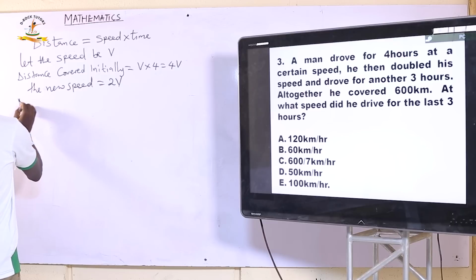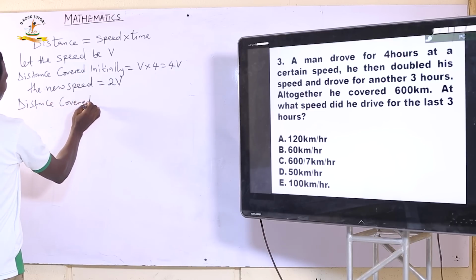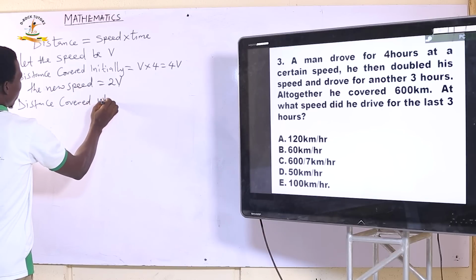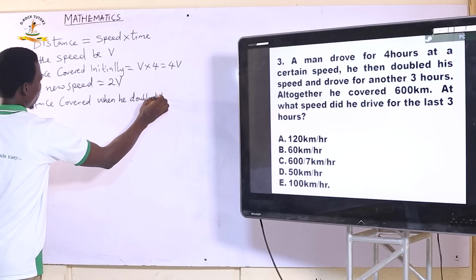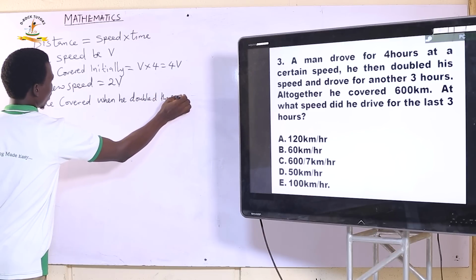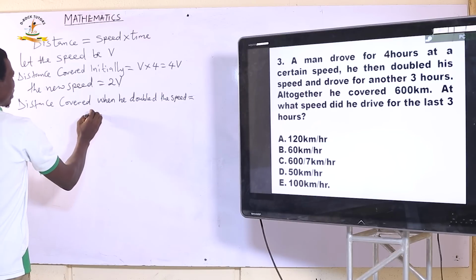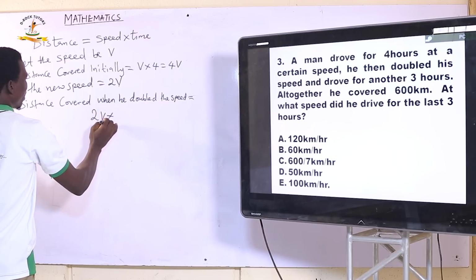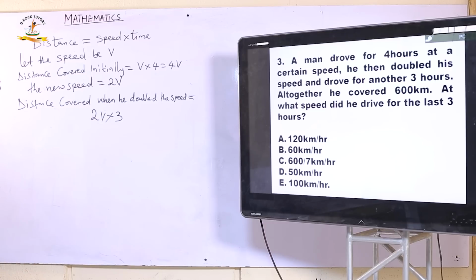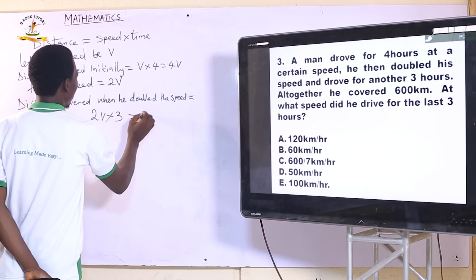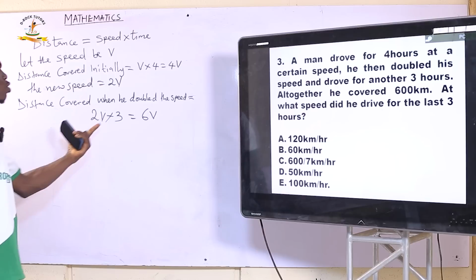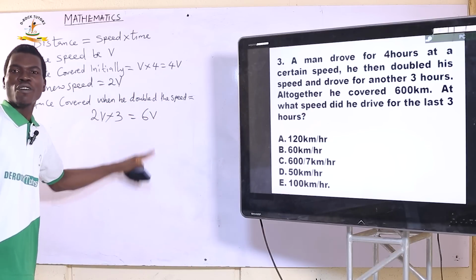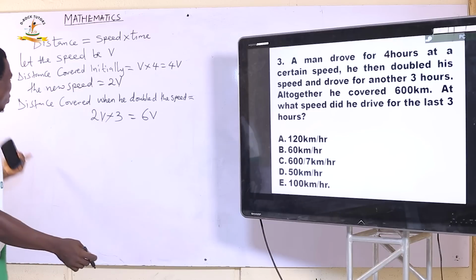So the distance covered when he doubled the speed equals 2V multiplied by 3, because he did that for 3 hours, and this is going to be 6V kilometers. So the total distance covered is going to be 6V plus 4V.